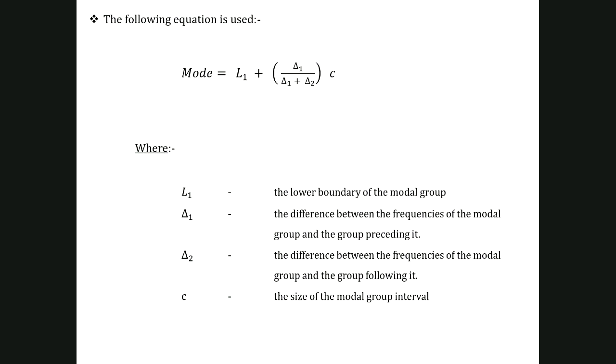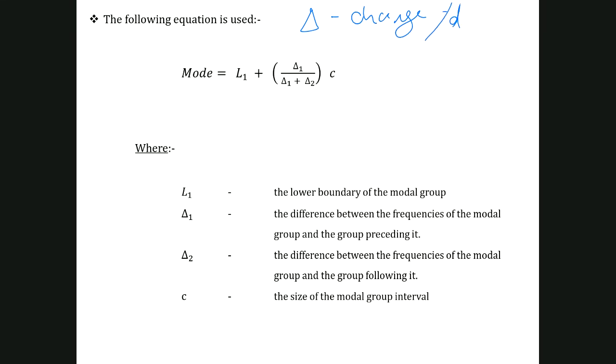Okay, so the mode calculation says take the lower limit, L1, plus, so this first portion at the top in your numerator here within brackets, it says change 1. Remember, the symbol means the change or the difference.